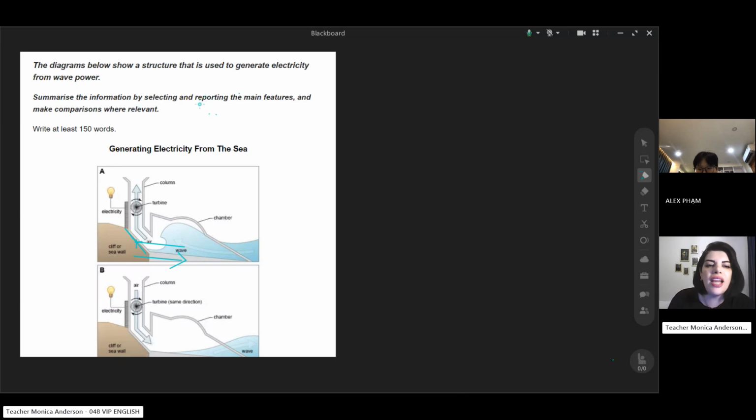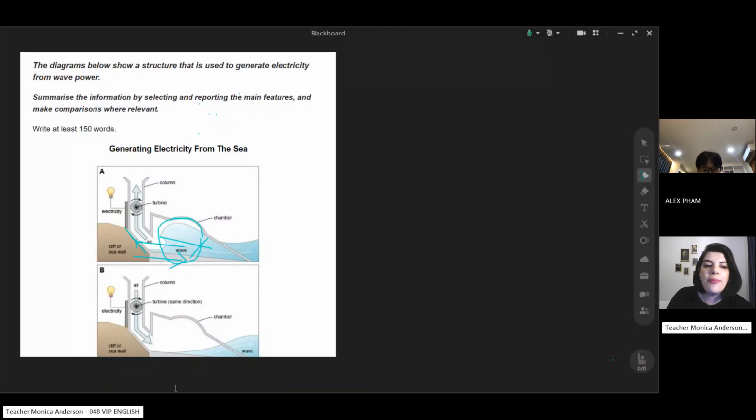Okay, so the first diagram. We are talking about how the incoming wave fills a large chamber. It's coming, and as you can see, it fills the large chamber.